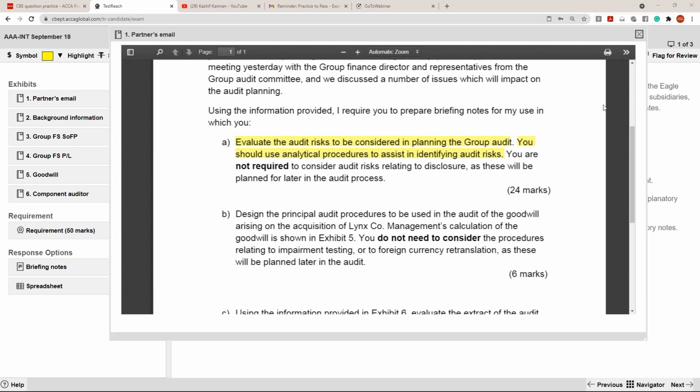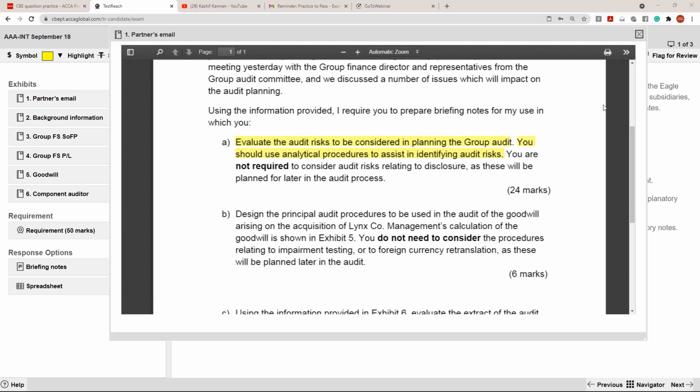So when a question specifically asks you to utilize the analytical procedures, how many marks will you get? Please watch my March 21 webinar day 1 on how to write an answer for analytical procedures. The only purpose here is to demonstrate the use of analytical procedures on a spreadsheet.